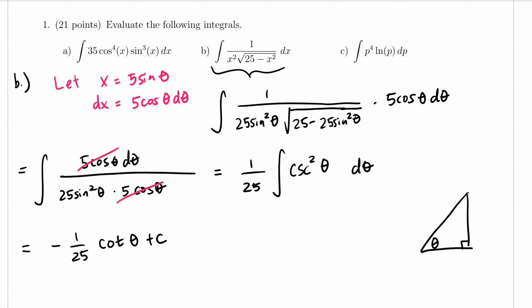I know from the beginning that x is equal to 5 sine of theta, which implies that sine of theta is equal to x over 5. So that means that our opposite side length is x and our hypotenuse is 5. And if we use the Pythagorean theorem, then the adjacent side length would be 25 minus x squared to the 1/2 power, or the square root.